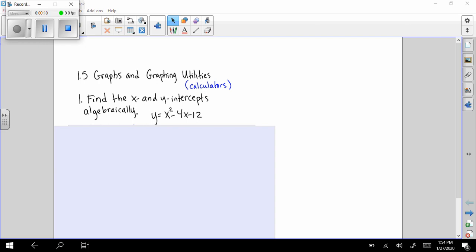We're going to look at 1.5 and 1.6 today. Just kind of knock out some fast stuff. I will give you some information on where I would suggest you go to get more background on some of the review that's here. We're going to go over some basic things like what are x and y intercepts.